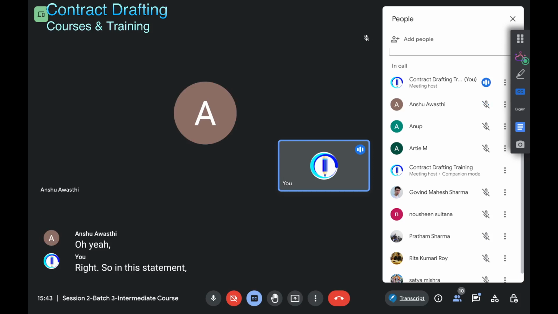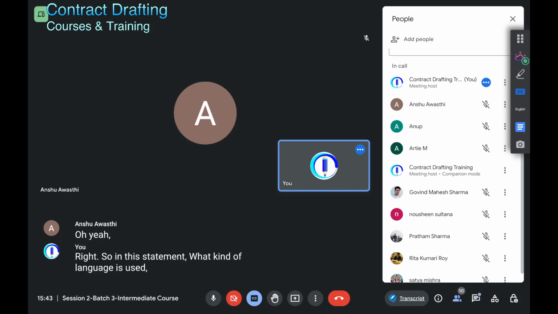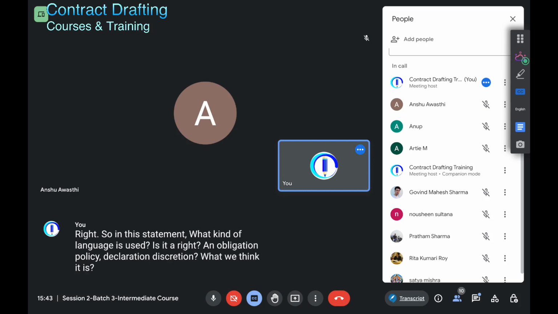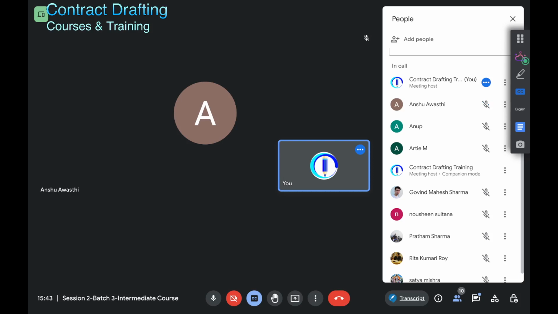Is it a right, an obligation, policy, declaration, discretion? What do you think it is? It can be a wrong answer also. No problem with that.